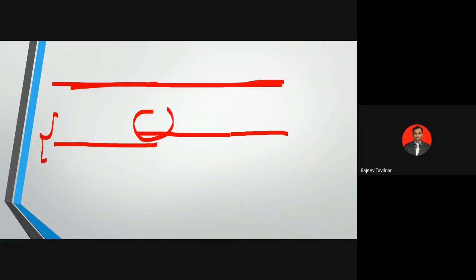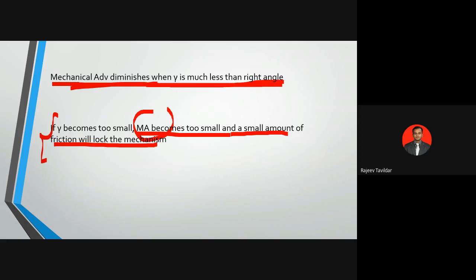So please note this point, that mechanical advantage can be zero when the entire mechanism is locked. That is when gamma is zero, or even if gamma is extremely small, the mechanism will get locked because of the existing friction.